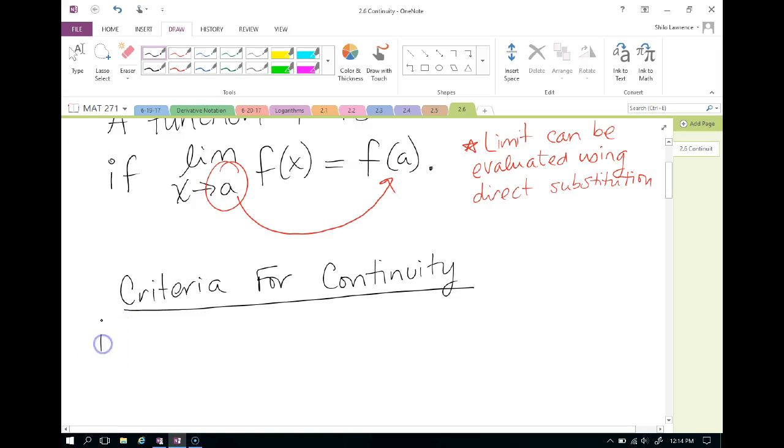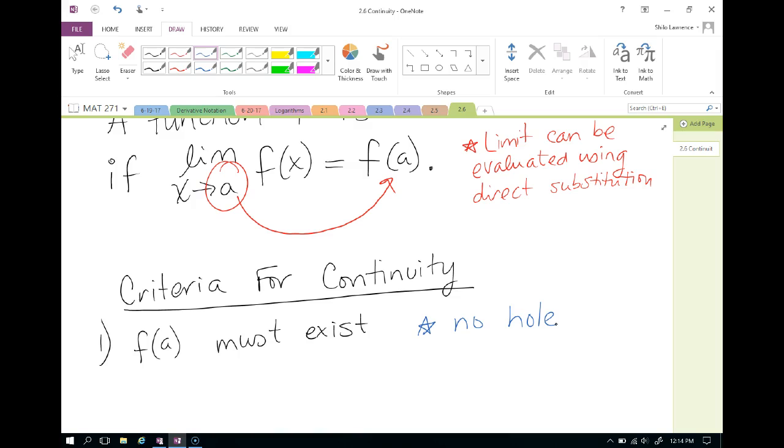The very first thing is that f of a must exist. There must be a point on the graph. We can't have a hole. We've been doing limits throughout this chapter where there were holes in the graph, and we said holes are not a problem for limits.